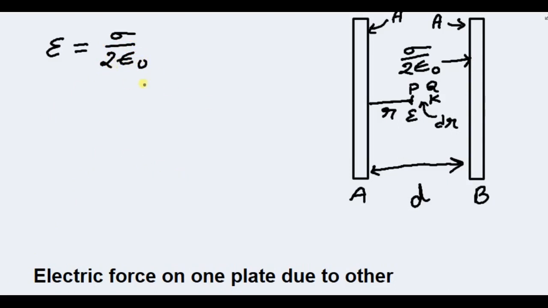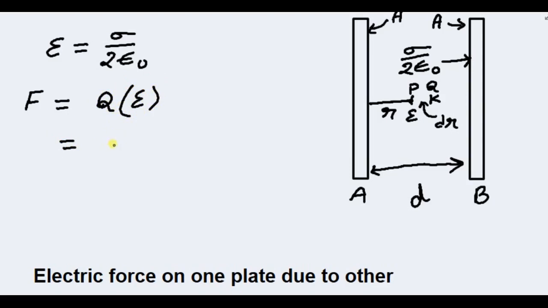Now the force on plate B will be equal to F is equal to Q, charge on plate B. Charge on plate B is minus Q. We put the magnitude of charge here, it is Q, and value of electric field E, F is equal to QE.